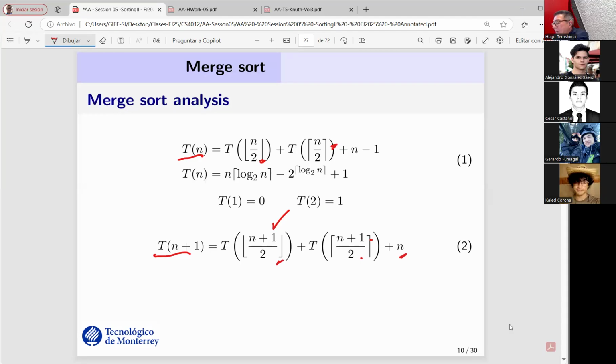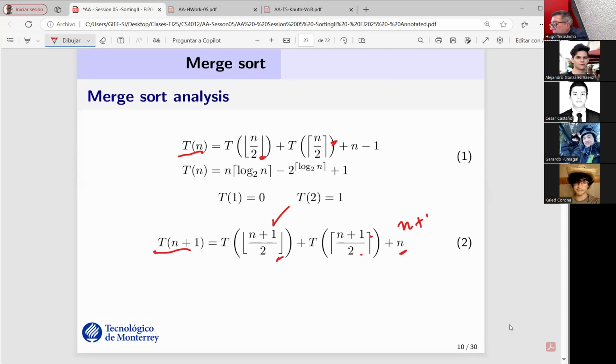And then here I would have n plus 1 minus 1. So that's the reason I get n there. So I get the two cases, the T of n, and the T of n plus 1. Is that okay? Are you following me? Yes. So I have these two equations, one equation, two equations.